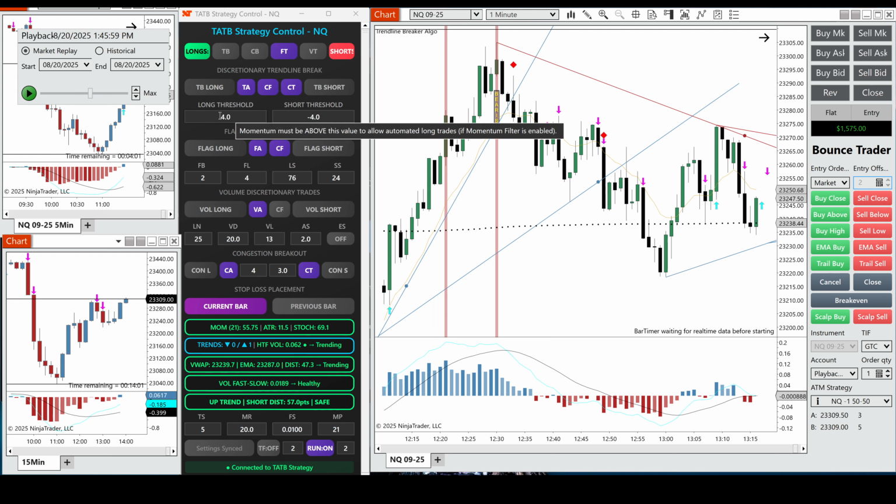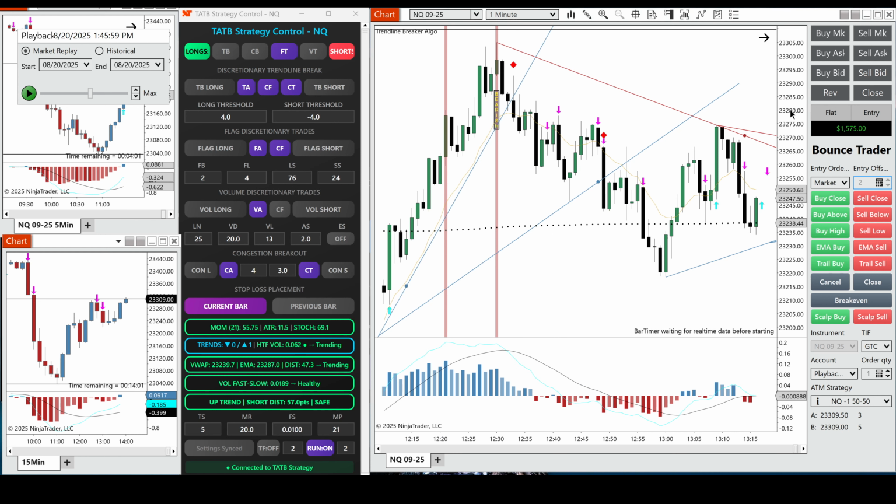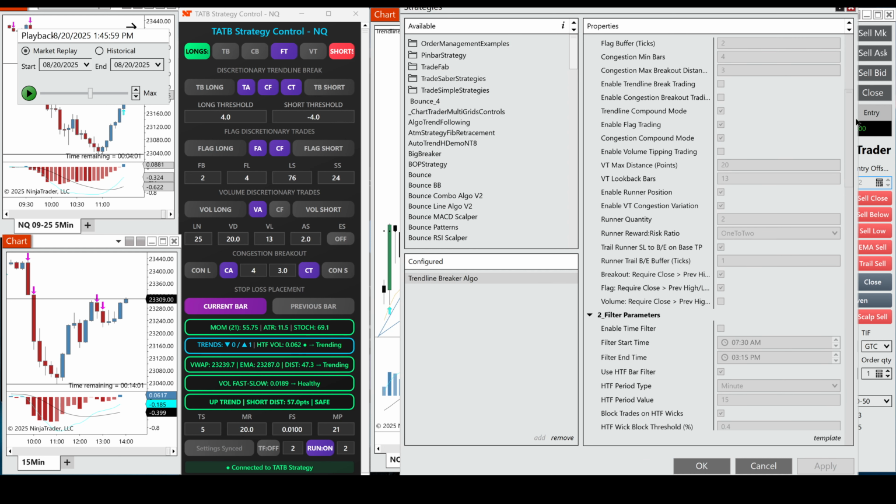This is threshold loan only suitable for trendline break and for algo trading. So that was it. What I wanted to show you, we are on the current version 5.0, and I will include the strategy templates.